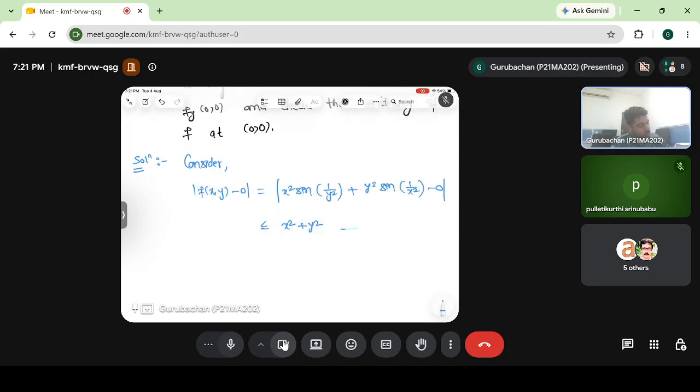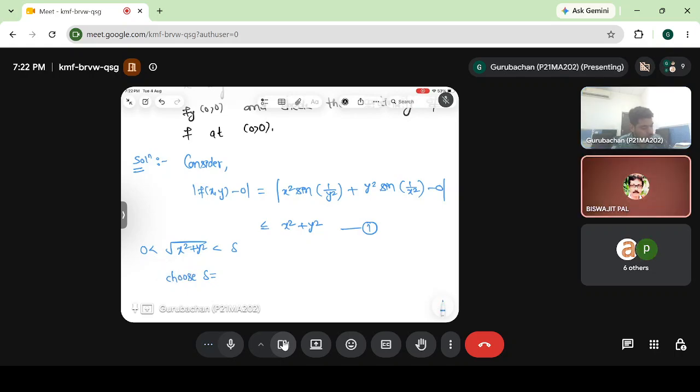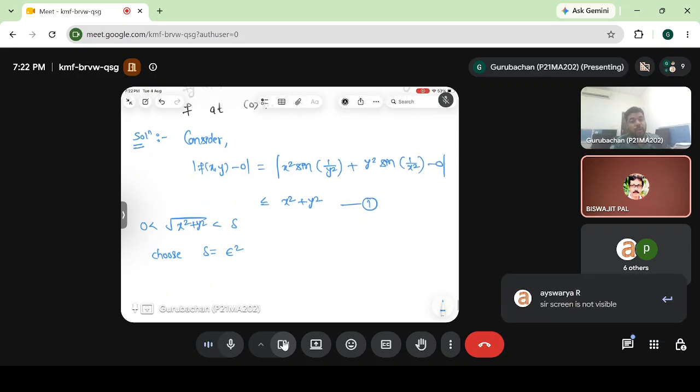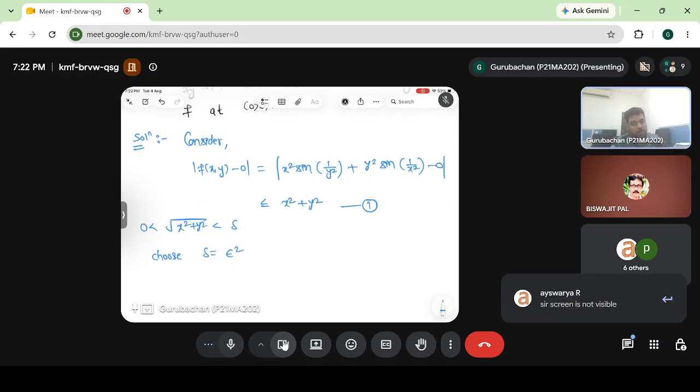Now you know that 0 is less than root of (x square plus y square) less than delta. What do you need to choose delta equal to? Epsilon? Are you sure, epsilon? Root epsilon? Epsilon square, I guess. Epsilon square or root epsilon?